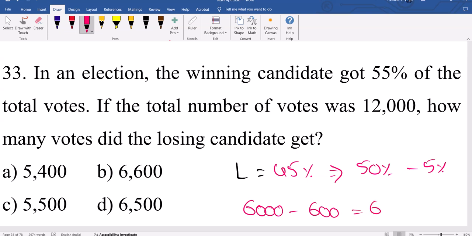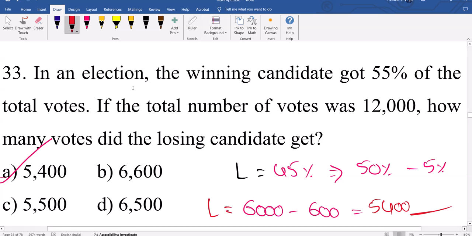So 5,400 is your answer. Losing candidate got 45%, winning candidate 55%, remaining is losing. There is nothing called invalid, not polled, nothing mentioned in question. Means we have to consider all votes are polled, 55% to winning candidate, 45% to losing candidate. So losing candidate got 5,400.